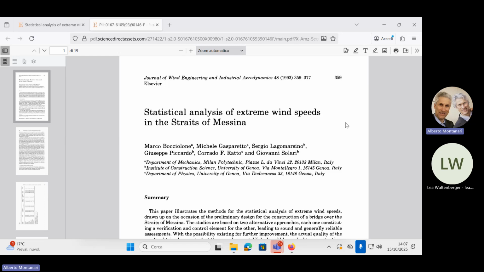And so we can say that this model is unique, because it produces a little bit different data from the different stations in terms of wind speeds, with respect also to the correlation analysis that uses the anemometric stations.